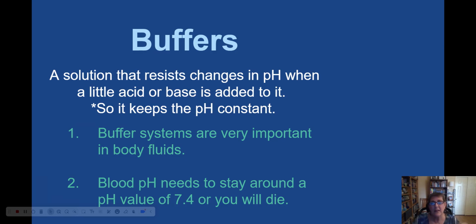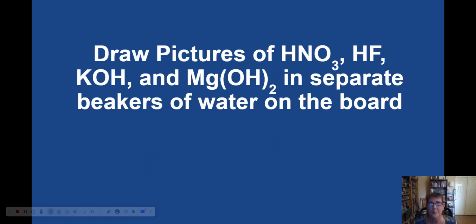So even if there was a little acid added to our blood, it wouldn't change its pH very much. Even if you add a little base to it, it wouldn't change its pH very much. So what you need to remember here is that buffers resist changing in pH, so it keeps the pH fairly constant. And you'll do an experiment with this in lab.